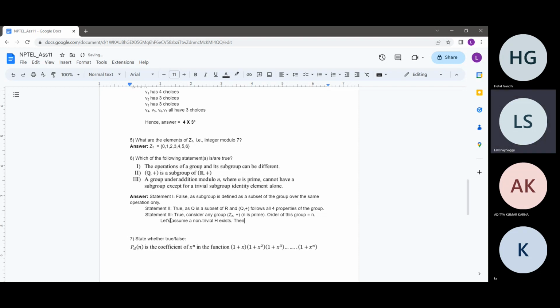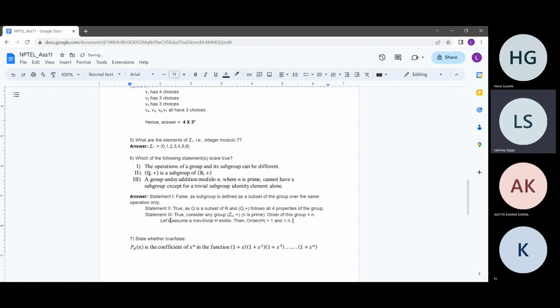So then we know that since H is not trivial, H should not have order 1, because order 1 is nothing but the identity element, and it should also not have order n, because that will be the original group itself. Then the order of H, basically the number of elements of H, will be greater than 1 and less than n.